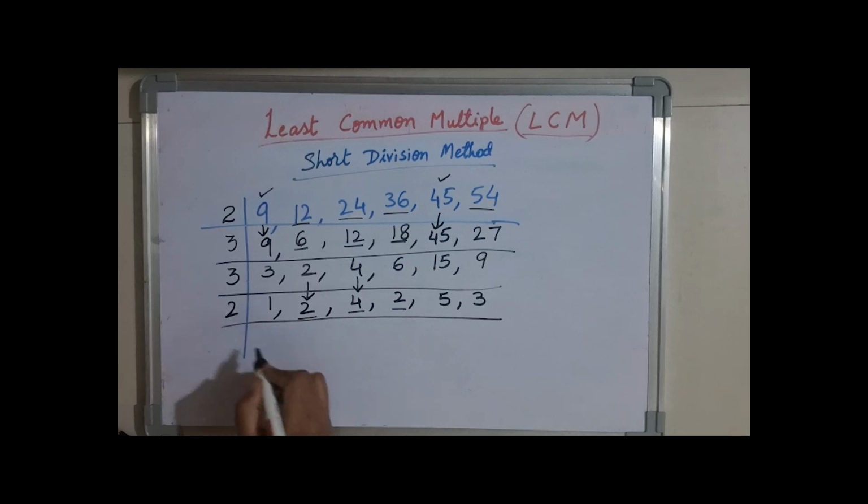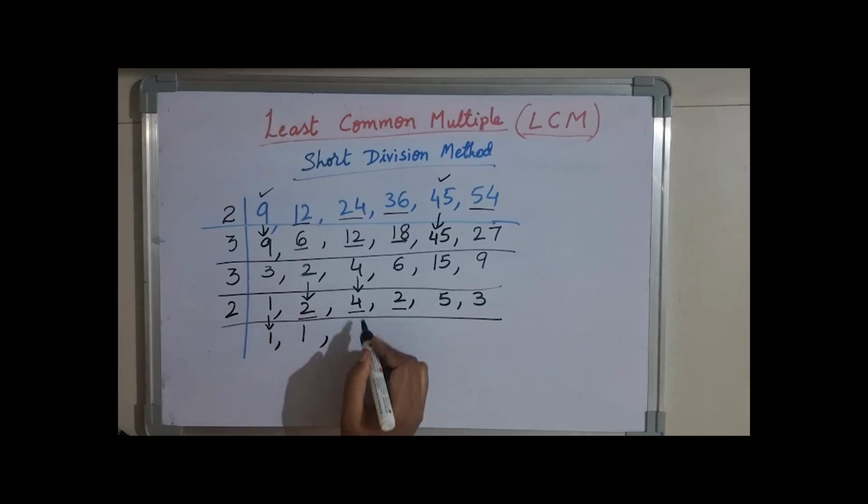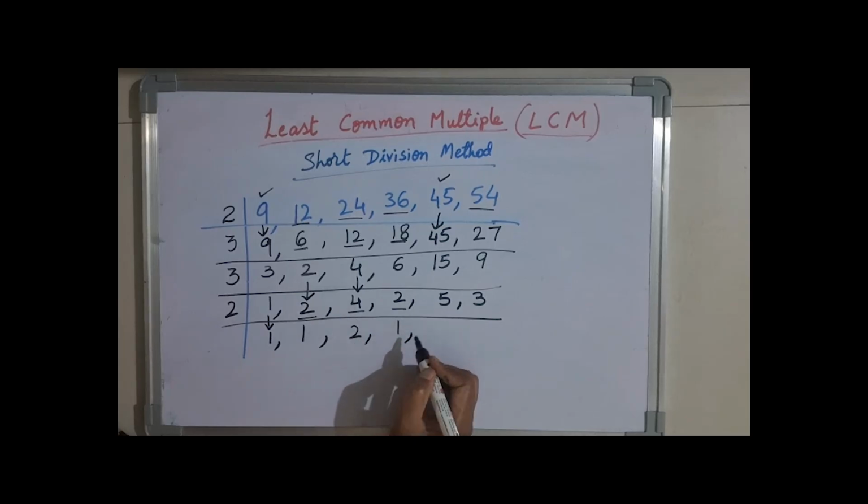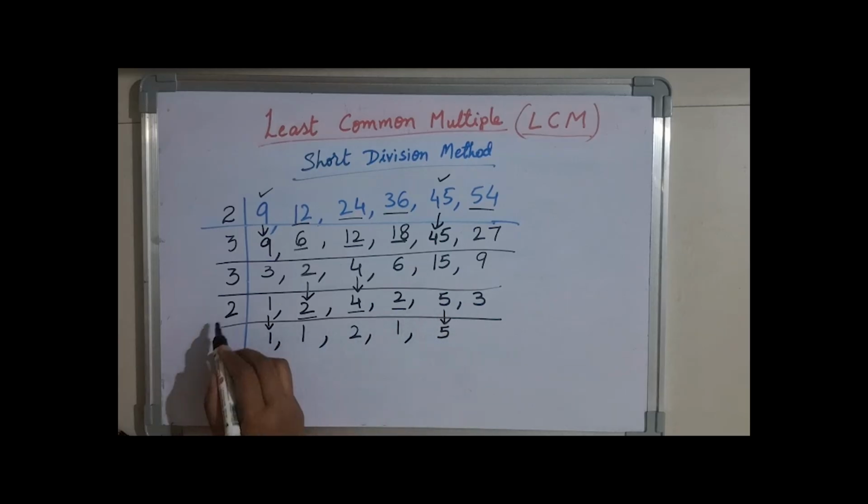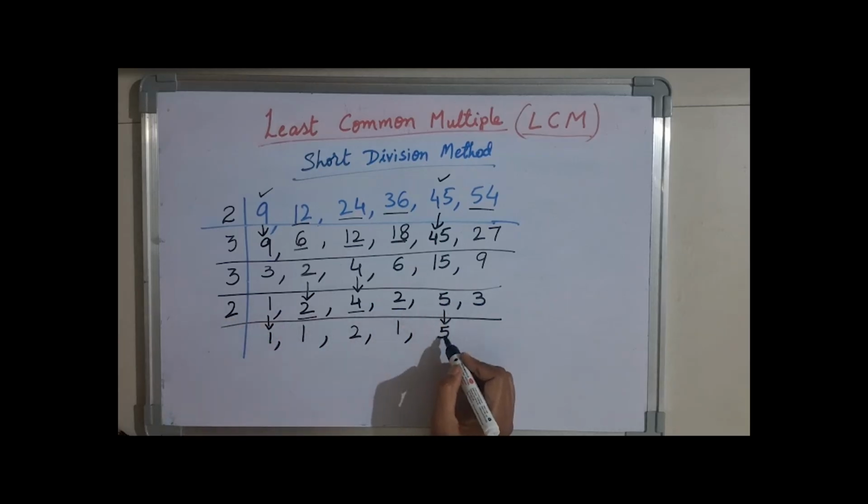So I am taking 2 here. Now here 1, the same number I will take here, and 2 ones are 2, and here 2 twos are 4, 2 ones are 2, and here the same number I will take because 2 is not a factor of 5, so I am taking the same number, and similarly this one also I am taking the same number.